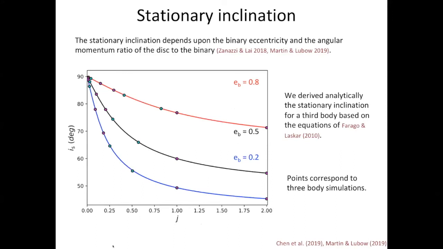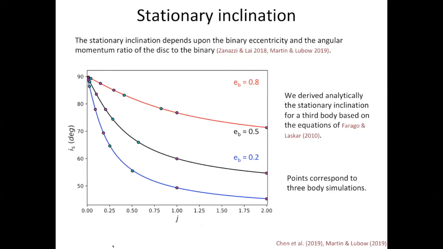This plot shows an analytic determination of the stationary inclination as a function of the ratio of the disk angular momentum to the binary angular momentum. So each line shows a different binary eccentricity. The stationary inclination decreases with increasing angular momentum ratio. The points show the results of 3 body simulations. They're actually in very good agreement with the analytic curve.